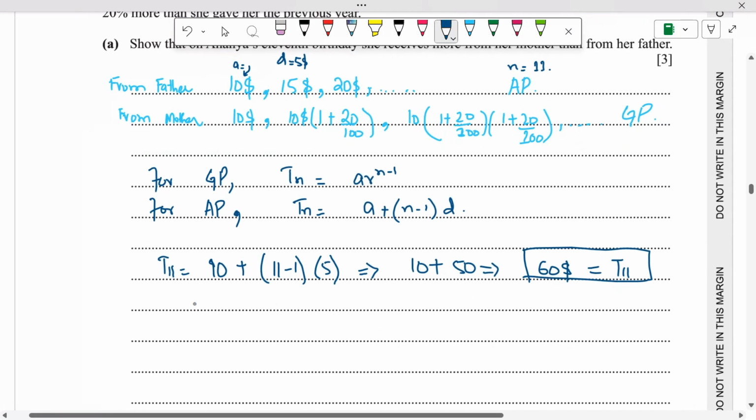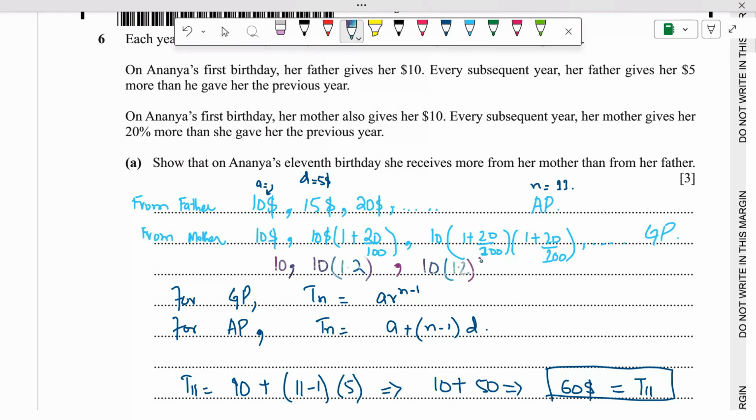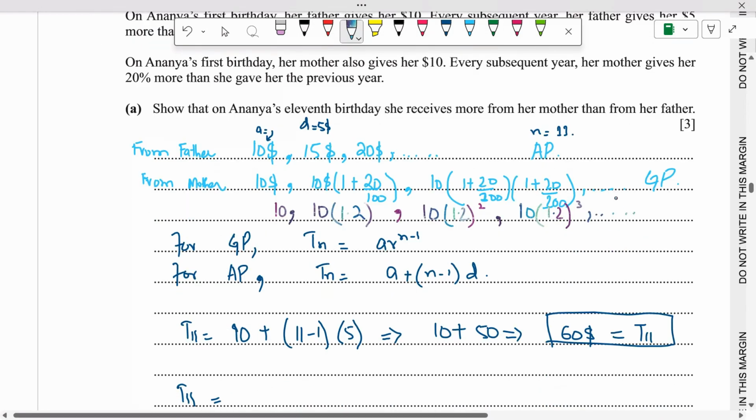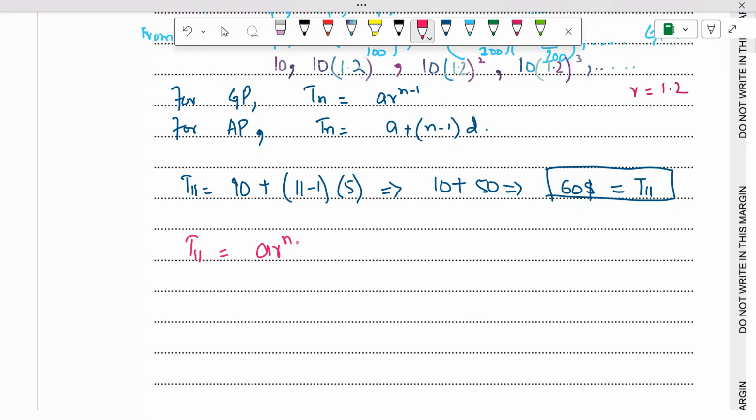Now for the mother's side, this sequence can be written as 10, then 10 times 1.2, then 10 times 1.2 squared, then 10 times 1.2 cubed. So in this case, the ratio r is 1.2. So we can say that on the 11th birthday, her mother gave her ar to the power of n minus 1.